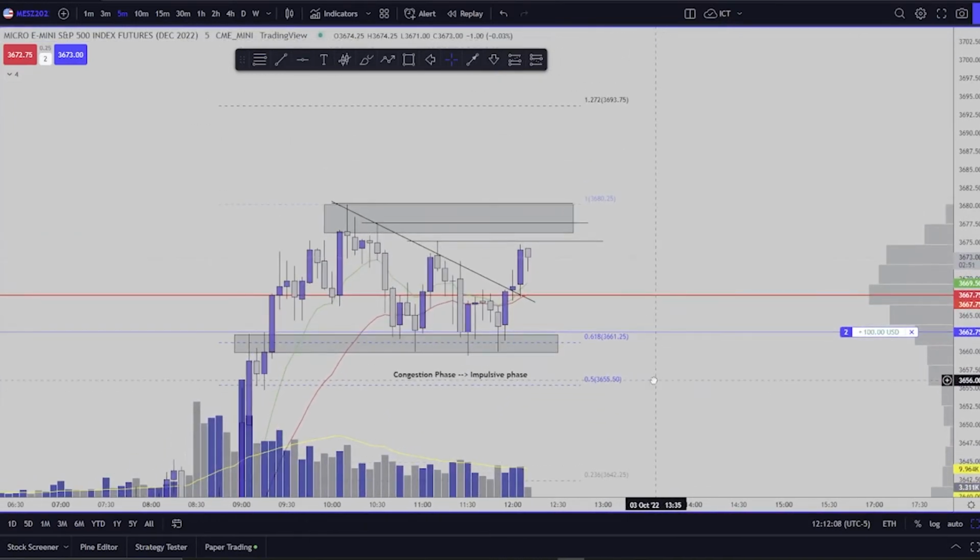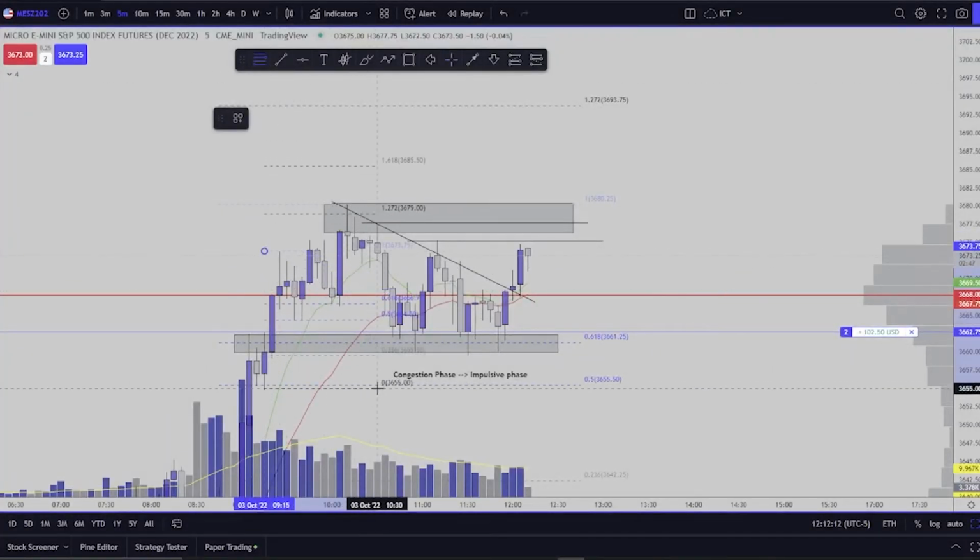In regards to continuation, for instance here, right? You plot this impulsive leg, get the retracement, hits the 1.272 up here. And you can see once it hit the 1.272, it began trailing down, due to the fact that's the main target when you are using this fib retracement with the extension combo.